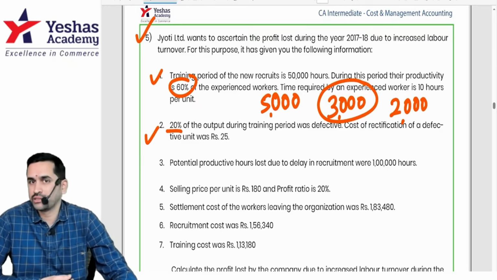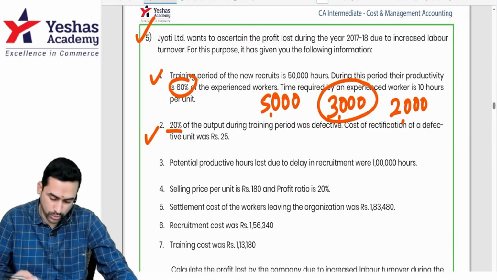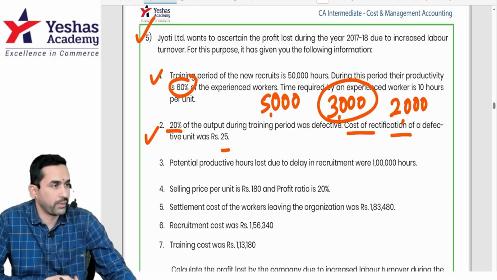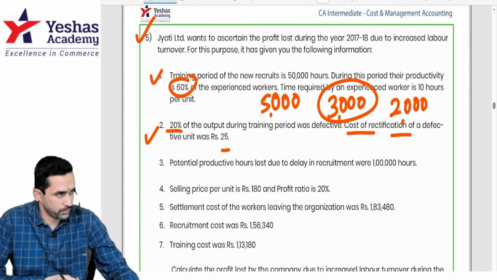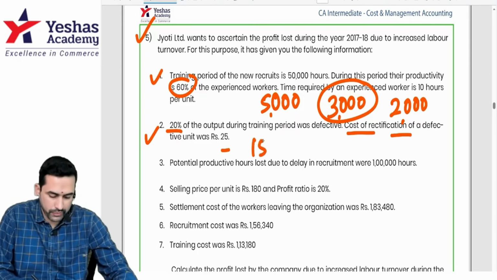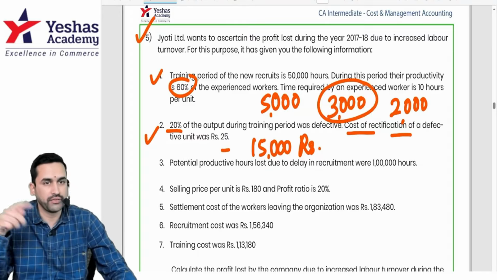Production is done, but it's not in a condition where you can sell. Now what to do? Continue. Cost of rectifying this defective is 25 rupee per unit. That means 3,000 into 20%, those many units into 25. 15,000 rupee is the extra cost of rectifying the defectives.